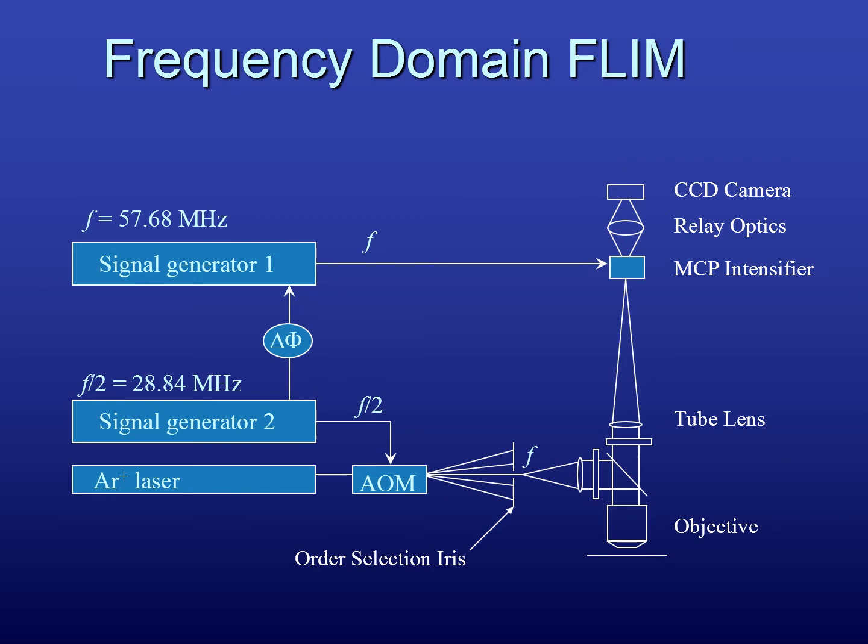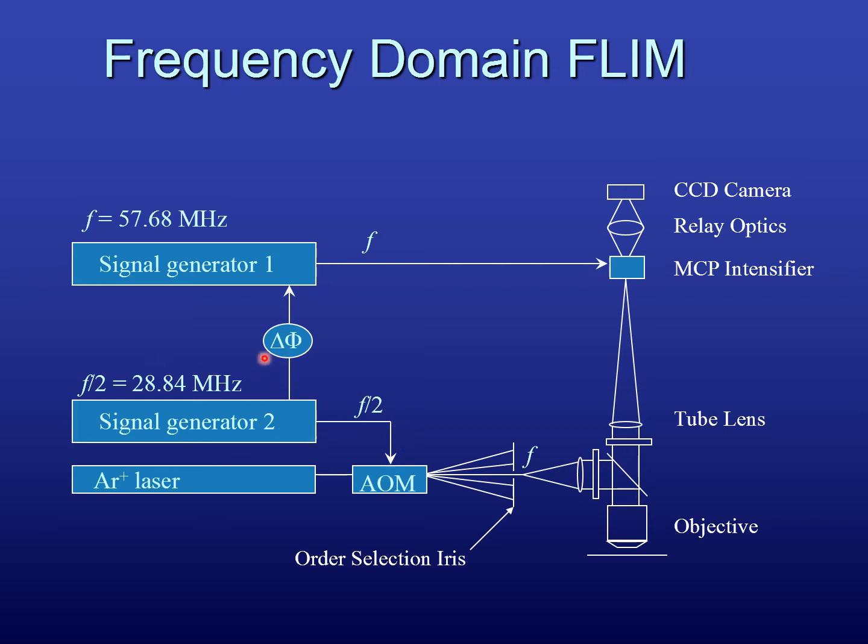to efficiently operate this MCP intensifier, rather than with a boxcar approach, we use a sinusoidal signal generator. For example, at 57.7 megahertz, we're running this oscillator, and that oscillator at the same time drives the intensifier, and it also drives a second signal generator, which then influences an AOM.